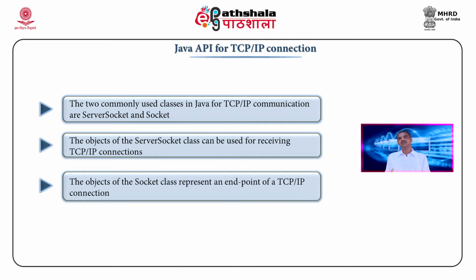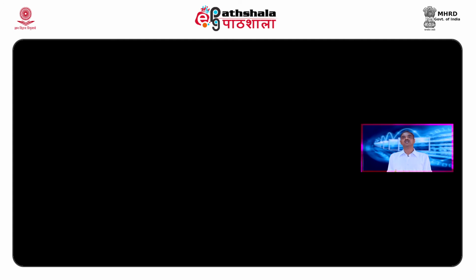So, let us see what the steps are to establish communication between a client and a server. The first part we will look at is the server side, the ServerSocket class. It provides a constructor that takes an integer as a parameter indicating a port number.